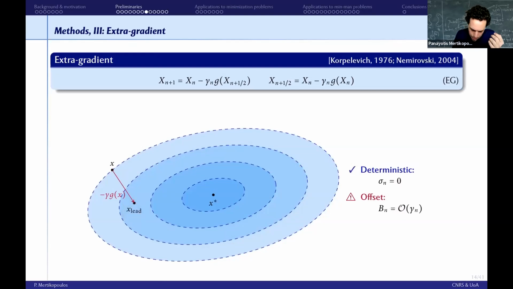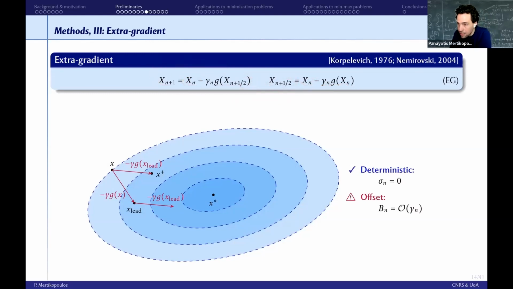And then you evaluate the gradient at this intermediate point, and you update the algorithm by taking this gradient and taking a step from the starting point. So you start at the base state, you generate this interim state, you calculate the gradient at the interim state, and this is your gradient update.